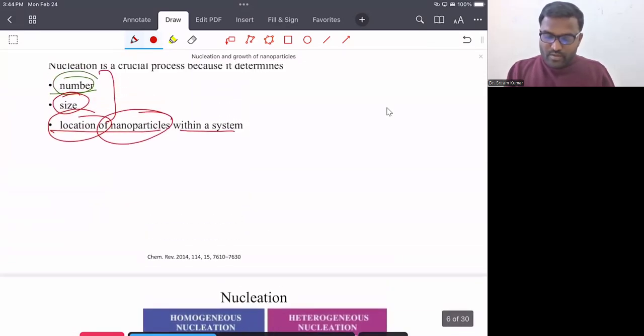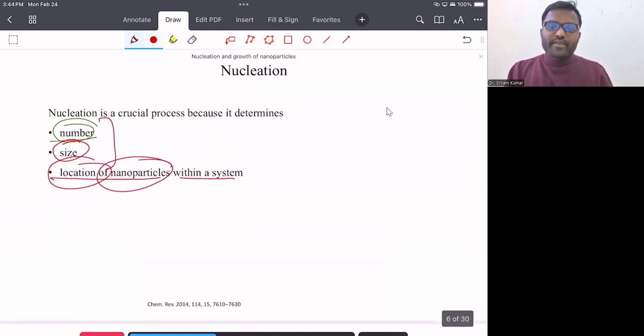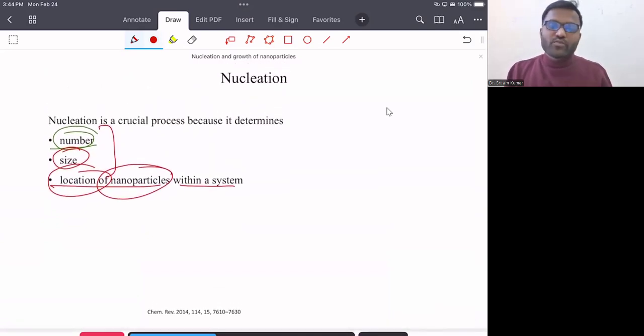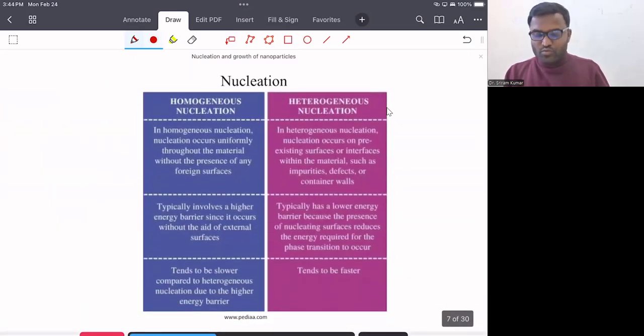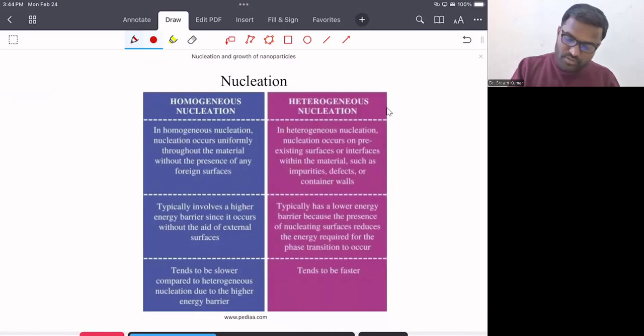If we think about the nucleation process, we normally have two kinds: the homogeneous nucleation process and the heterogeneous nucleation process.